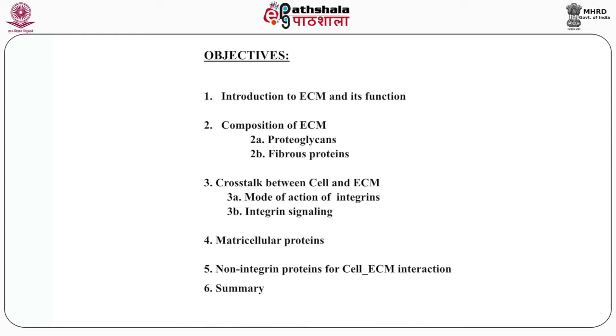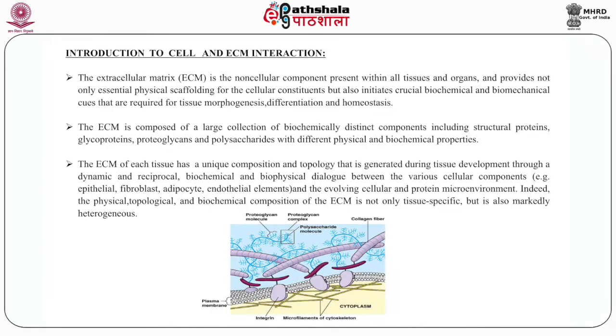The most important proteins in this category are the integrins. So, we are going to talk about integrin signaling, the new types of molecules called the matricellular proteins, and some non-integrin proteins for cell to ECM interaction. Now, starting with the introduction about ECM.